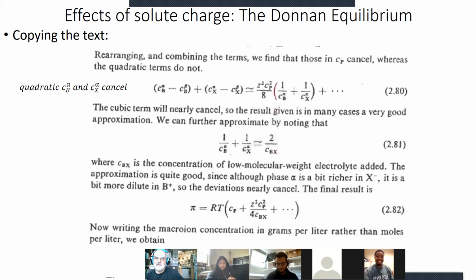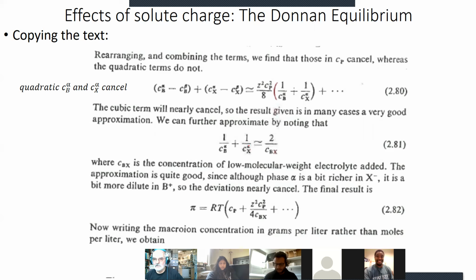Now, he then makes an approximation that this 1 over CB alpha, 1 over CX alpha, remember alpha's in the bag. These are slightly different concentrations, but they're approximately the same. One is slightly bigger, one is slightly smaller. So the sum is approximately twice the concentration of the total salt. The salt, for example, that's in the outside of the jar, outside of the bag.